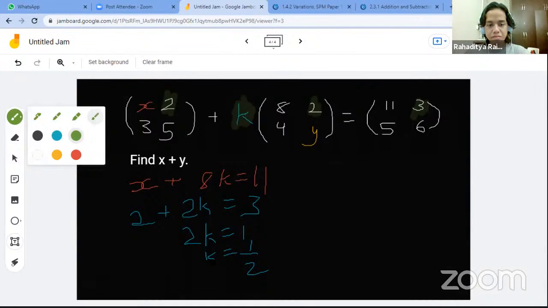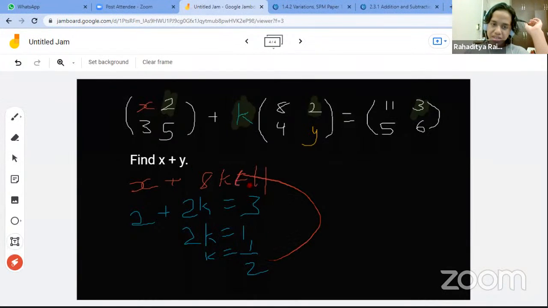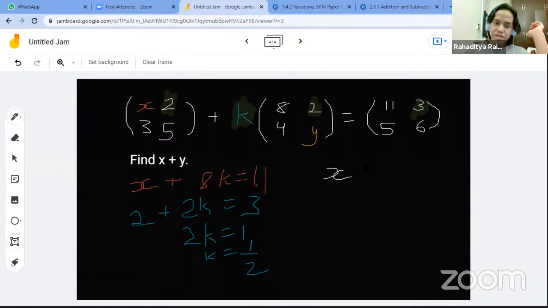Does anyone know? Yes, that is correct. Thank you, Rachel. Once you know that k is equal to 1 over 2, you can substitute it directly into here. And now you have a perfect one unknown equation, which is x plus 1 over 2 times 8 is equal to 11.